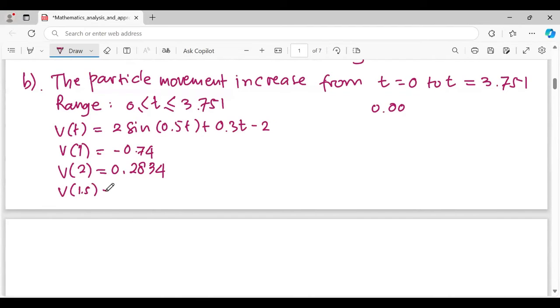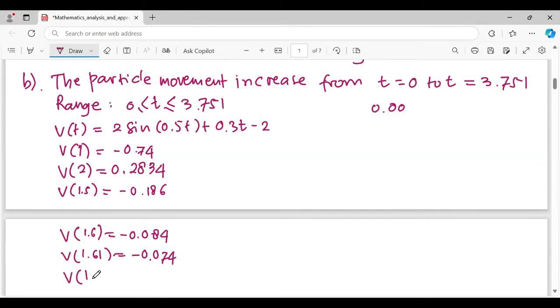And how about if t is 1.5? If t is 1.5, the velocity will be minus 0.186. And if t equals 1.6, the velocity will be minus 0.084. And if t is 1.61, it is still minus 0.074.